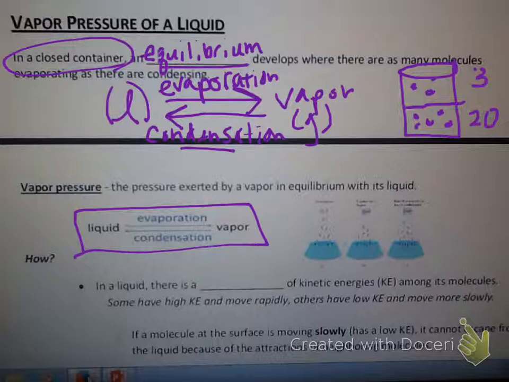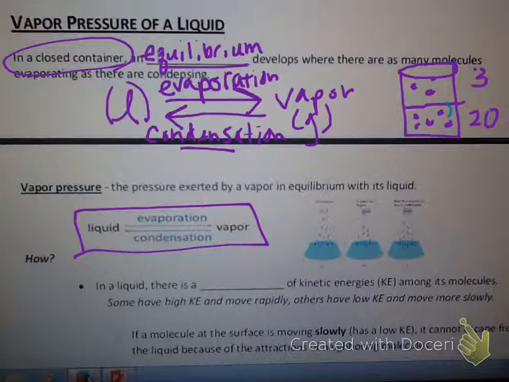According to this definition of an equilibrium, it's a development where as many molecules are changing in one direction as they are in the other direction. Meaning, for every liquid molecule that evaporates, I have one that condenses.